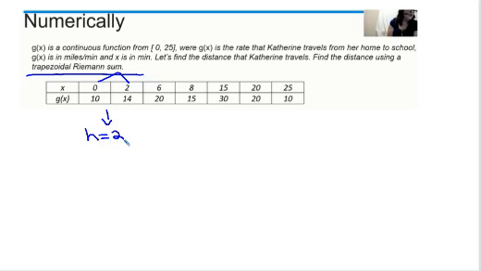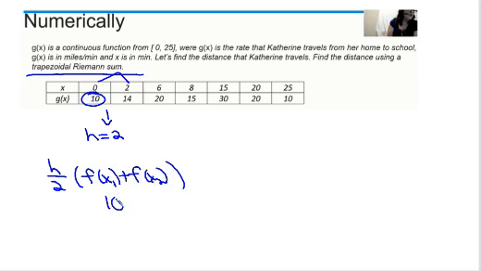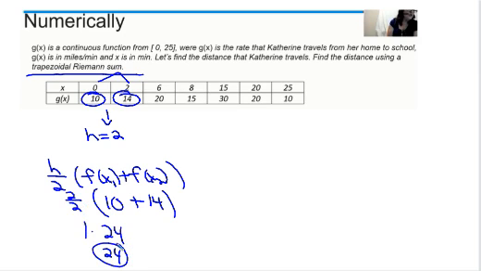And if you remember, we're going to do h divided by 2 times f of x1 plus f of x2. Well, what's my f of x1 here? My f of x1 is 10. My f of x2 is 14. And that's going to be multiplied by 2 divided by 2. So that's going to be 1 times 24. That is the first trapezoid.